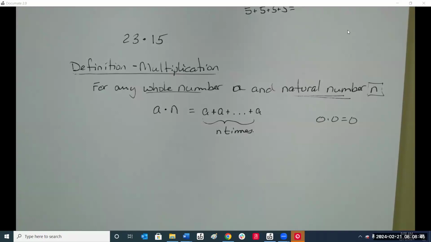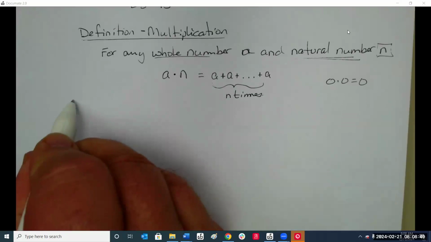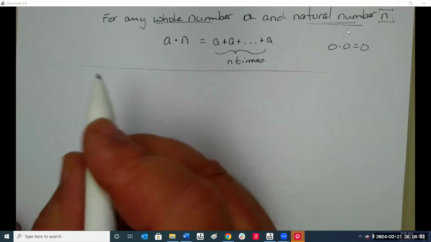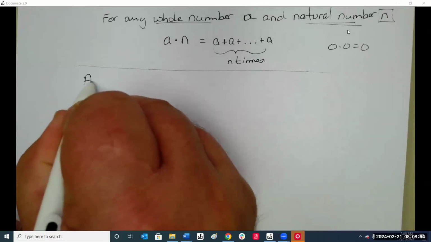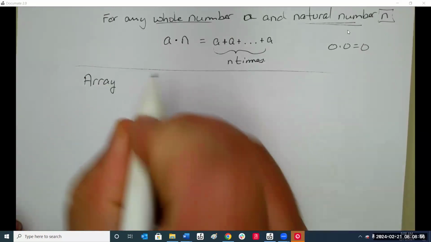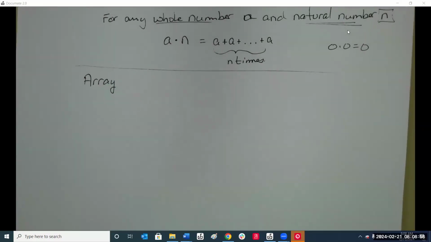Let's look at some examples here, or some processes. We have arrays. What is an array? You have computers, I bet. An array is, and start off with the computers, how you allocate a location of memory for a specific piece of information.